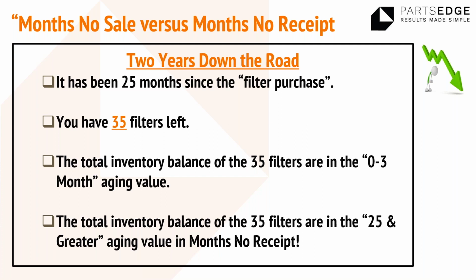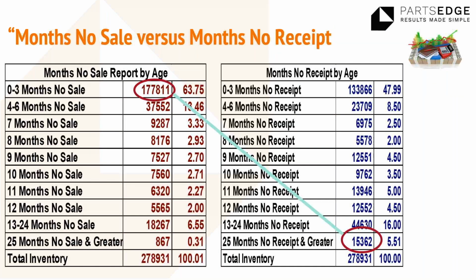So let me give you a scenario here looking at an inventory with about $279,000 worth of inventory. This is what I'm getting at. If you look at the 0 to 3 months no sale, thinking of those filters as an example, in the 0 to 3 months no sale category, you see $177,811. Looks really good. 64% of your inventory looks like it's active and doing a really good job.